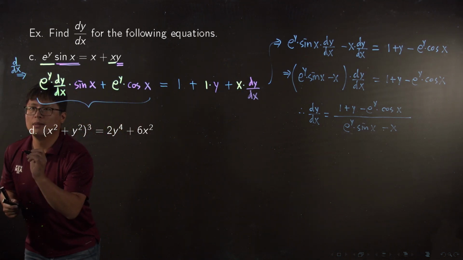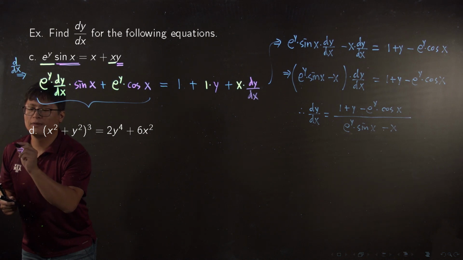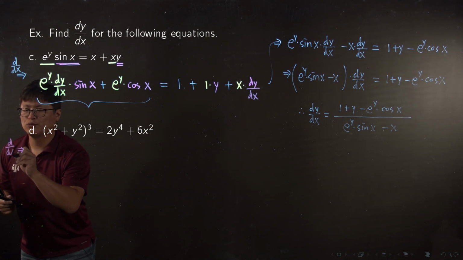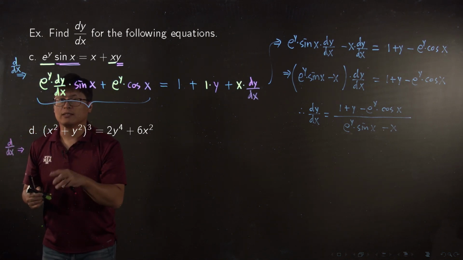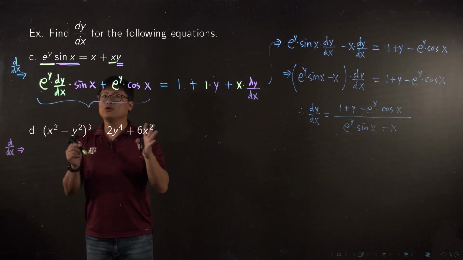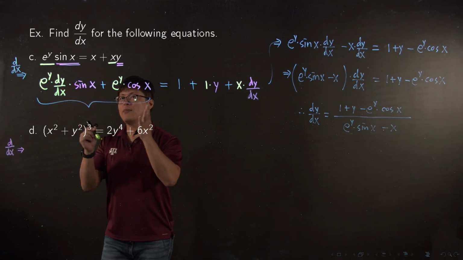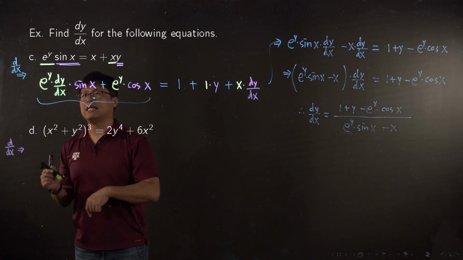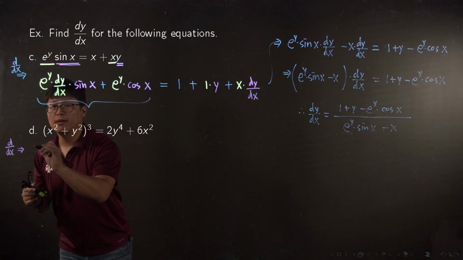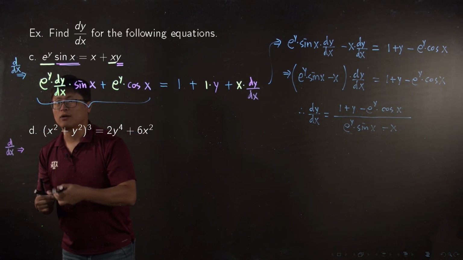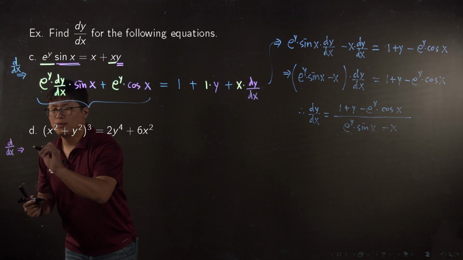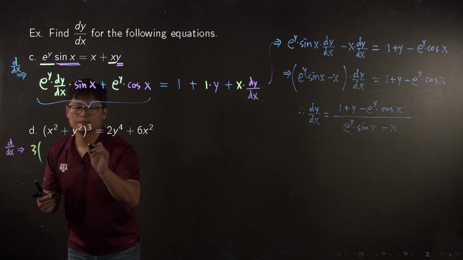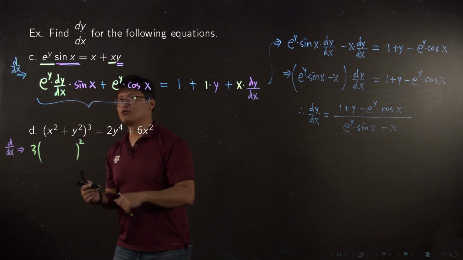Okay? So what about the next one? Here we go. Let me take the derivative with respect to x, okay? Look at the left hand side. It is a chain, right? Cubed is the outside function, and you have x squared plus y squared as the inside function, okay? So it will be, let me use a different color, okay? 3 squared, which is the outside function, right?